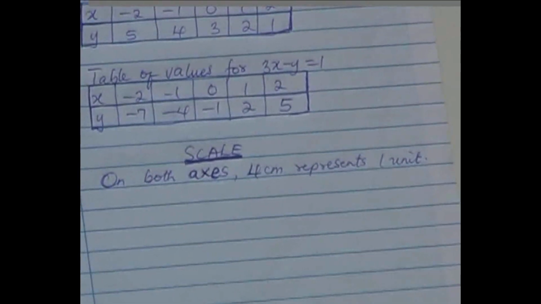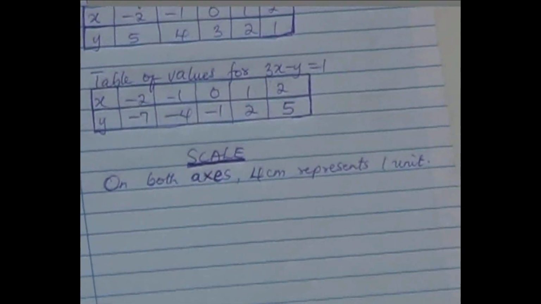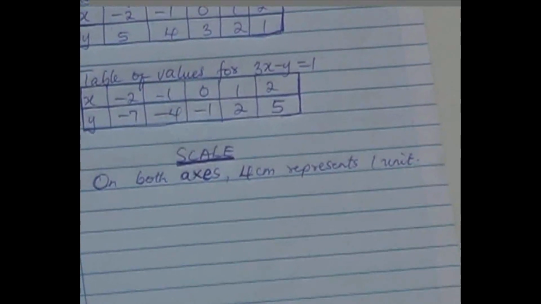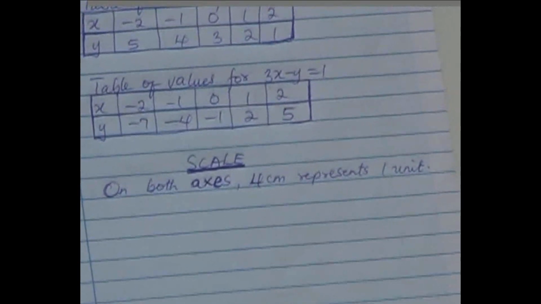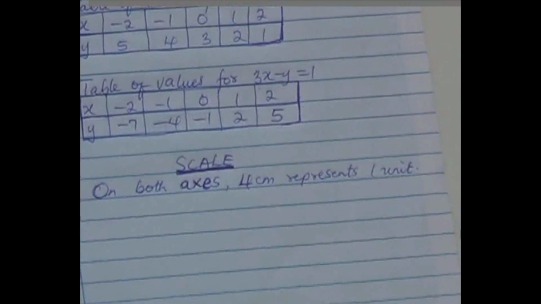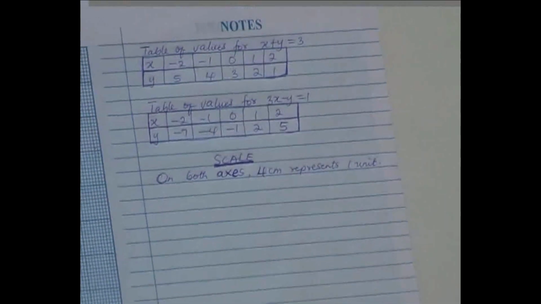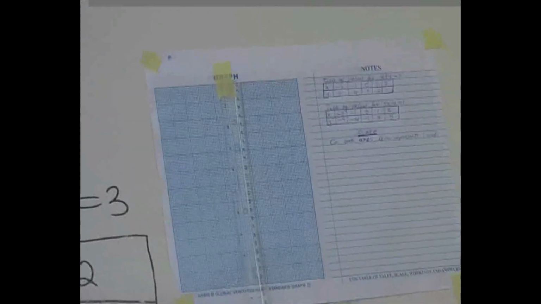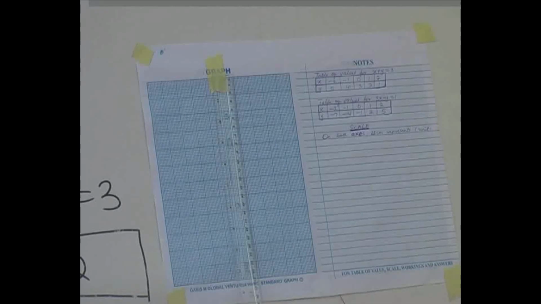I am going to use that ruler, as I told you, to explain to you how this scale was chosen. The scale of 4 cm represents 1 unit. How it was chosen and how you are going to be choosing your scales on your own. I'm talking of this ruler you see on the left hand side of the graph book.